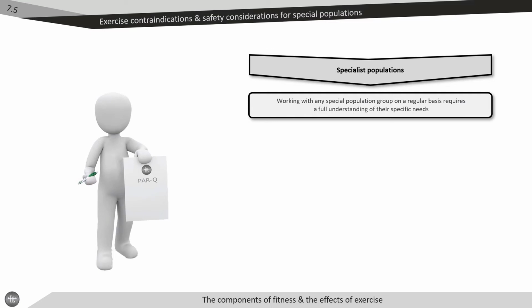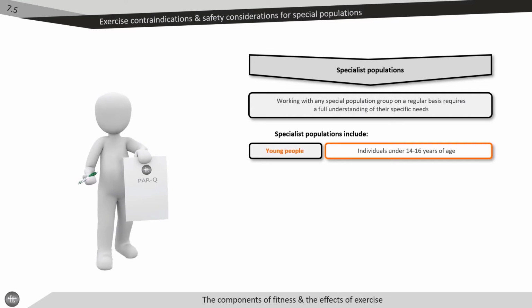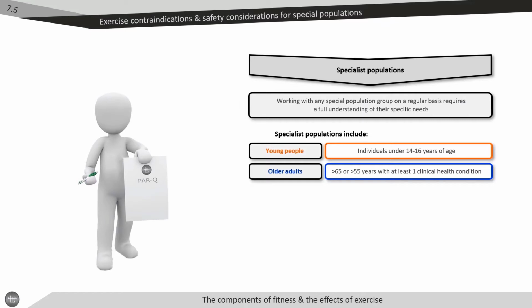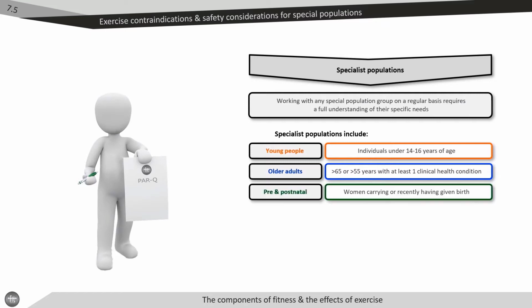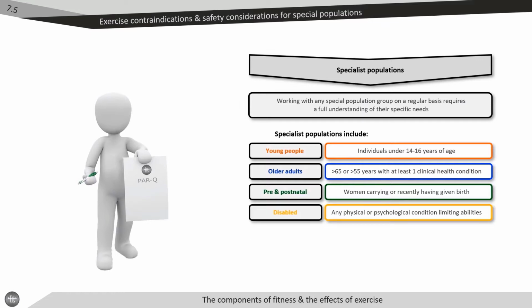There are 4 different populations that are considered specialist and include young people, which are classified between 14 and 16 years of age; older adults, which are classified over 65 for apparently healthy individuals, or over 55 for individuals with at least one clinical health condition; pre- and postnatal women, who are women carrying or have recently given birth; and the final special population group is disabled individuals, who are classified as having any physical or psychological condition limiting their ability.